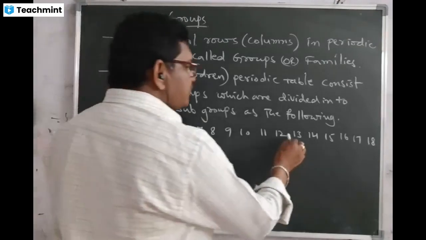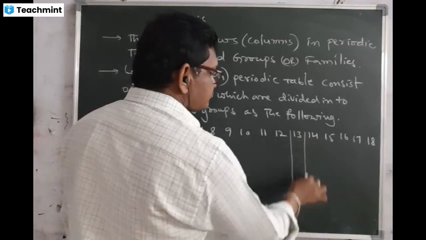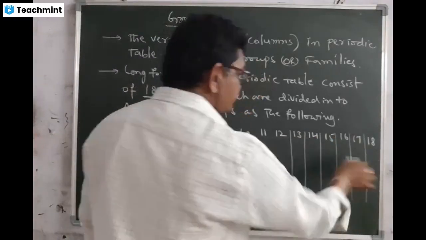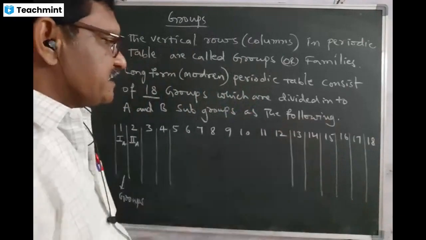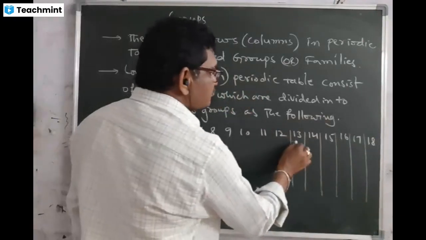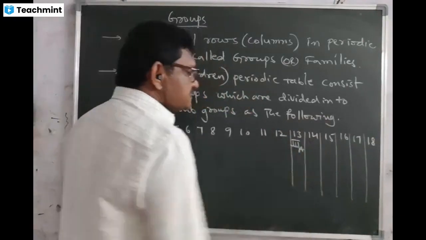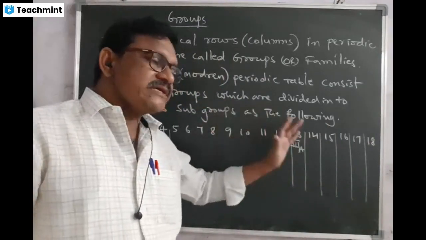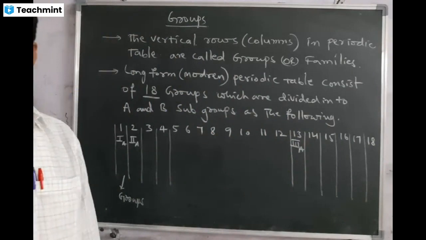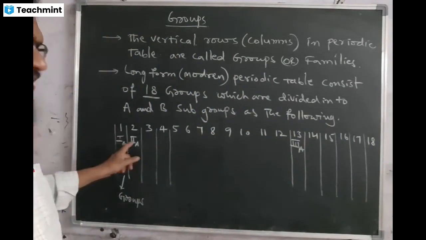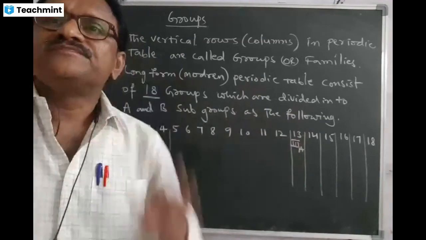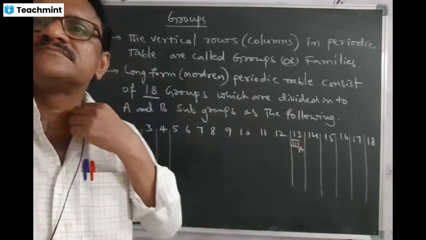Then see, from the 13th, 14th, 15th, 16th, 17th, 18th groups, the complete right side part, this is called third A group. That means 13th group is also the right name and third A group is also the right name. So this is first A, second A. Again, the 13th group is named as what? Third A group. Is it clear?